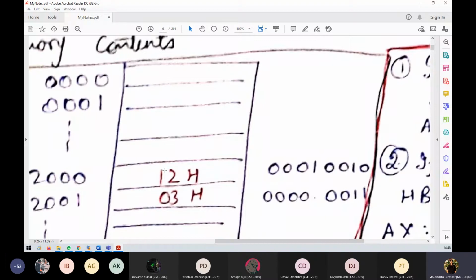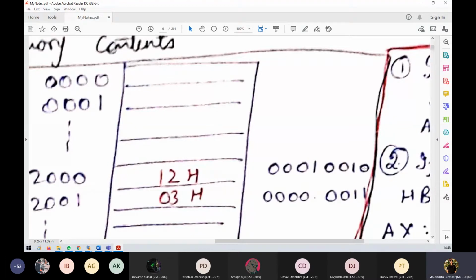So this is the data at 2000, sorry, at the lower byte, and this is at the higher byte. You convert from hexadecimal 3, you get this in binary.